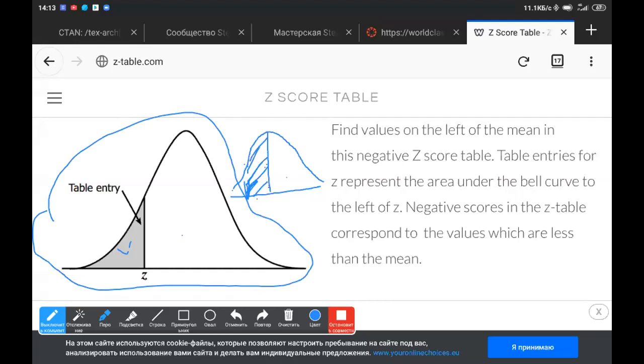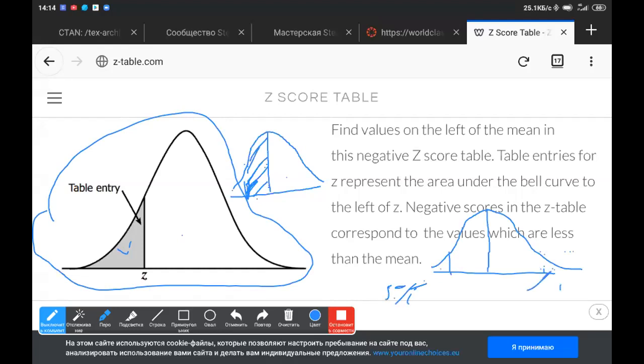So for example, if instead of a tail table, you have a center table, and you still need the 5% tail, which means you need this part to be 5%, then it means that this is also 5%.